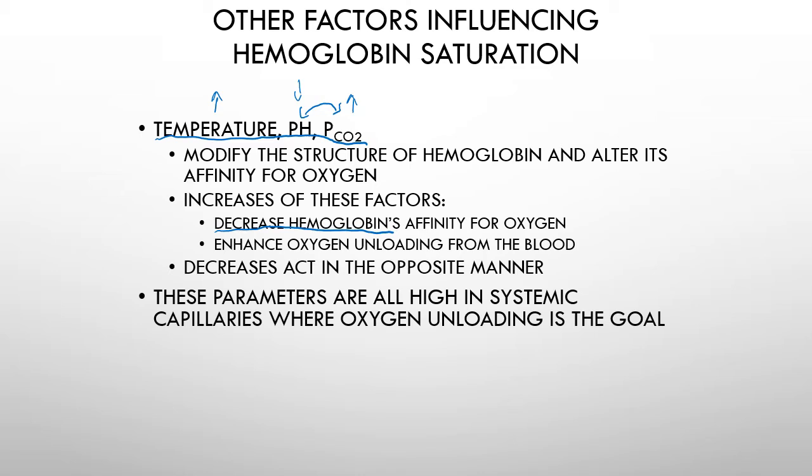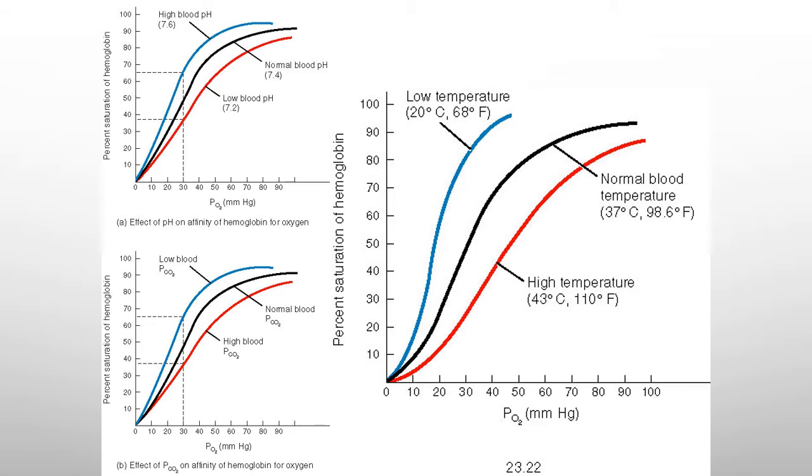So if we make it so that our temperature goes up, our PCO2 goes up, and our acidity goes up, with increased acidity, remember that the pH actually goes down. That's going to lead to oxygen unloading. It's going to go from the blood into the tissues, and we're going to have this change in oxygen leaving out towards the tissues themselves. That's going to allow us to dump more of that oxygen off into the tissues at that particular time.